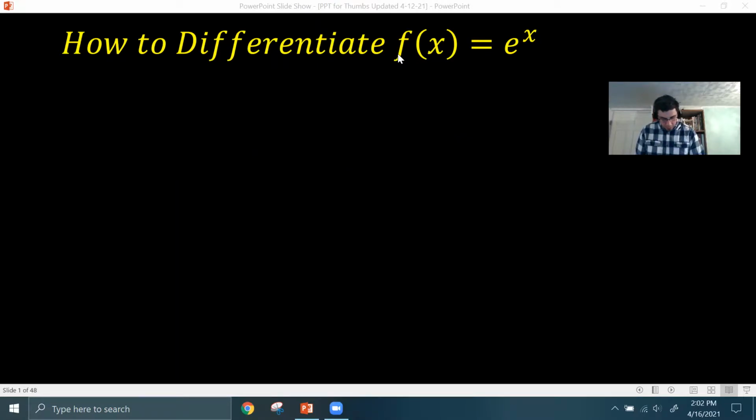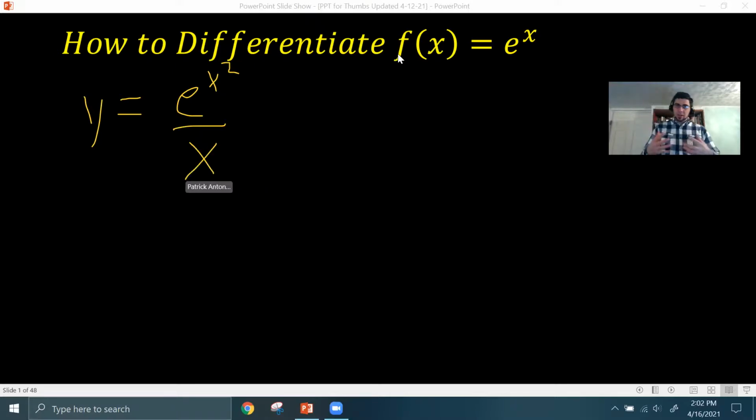All right, one more thing. y equals e to the x squared over x. And again, quotient rule here. Same thing, don't just do the derivative of the top divided by the derivative of the bottom. Students learn the differentiation rules for the quotient rule, and it's important that you remember that and follow the quotient rule.